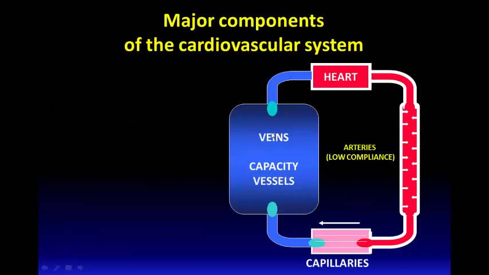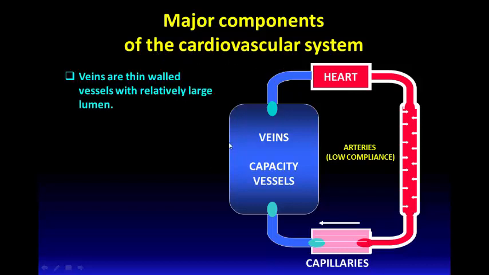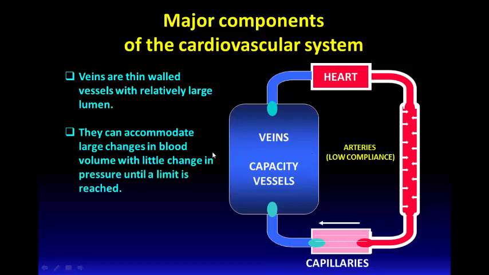Veins are important components of the cardiovascular system. They are thin-walled blood vessels with relatively large lumen. They have a high degree of distensibility and high compliance, and hence they are considered the capacity vessels of the cardiovascular system.